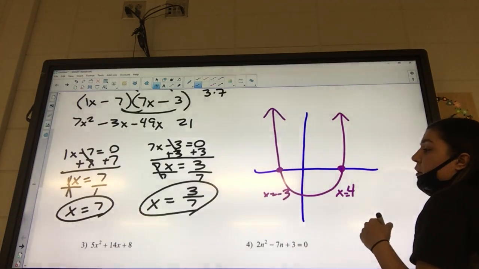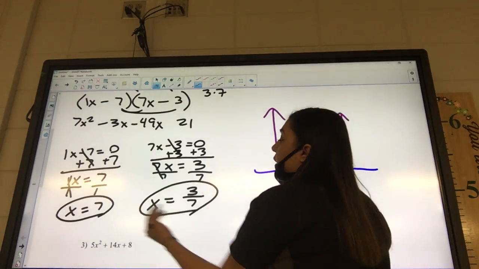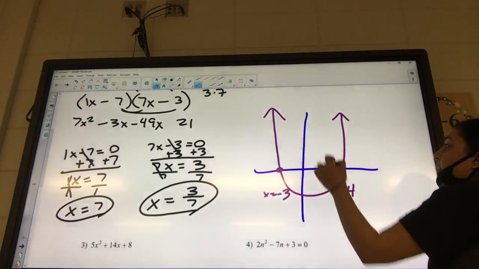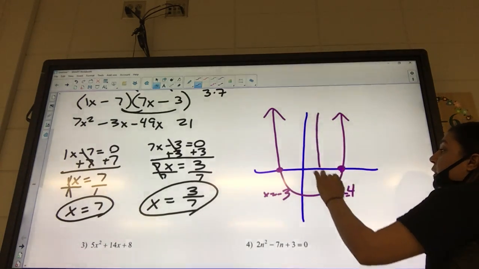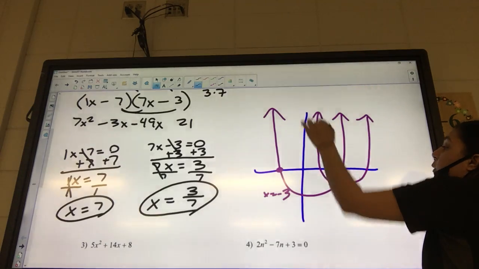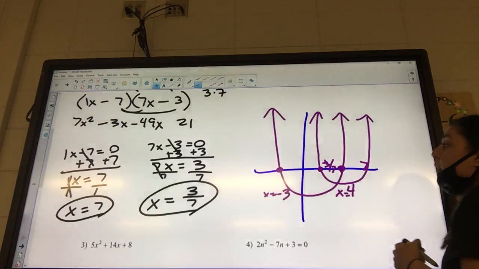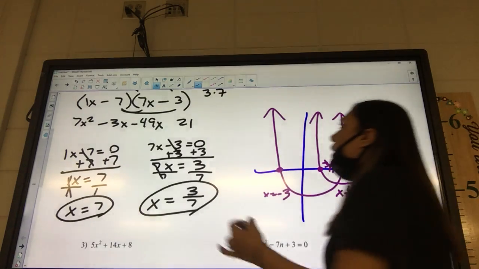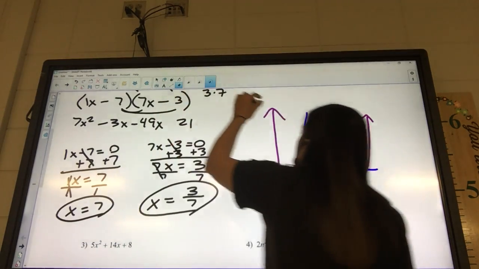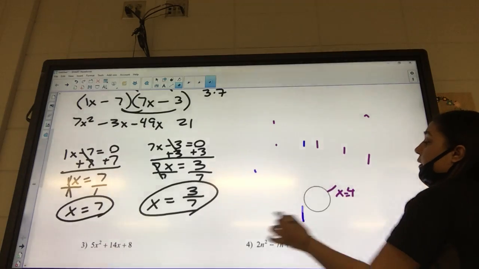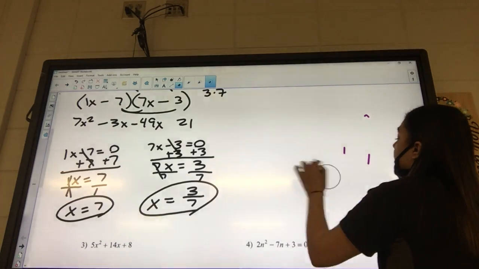In this case, there's 7 and 3 over 7, so our graph probably looks something like this, where here being 3 over 7, and here being 7. That's what the solutions mean. It's where it crosses the x-axis, and that's very important to know.